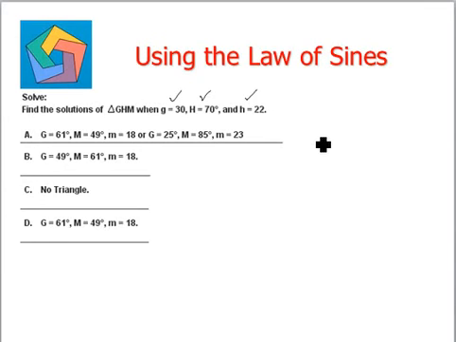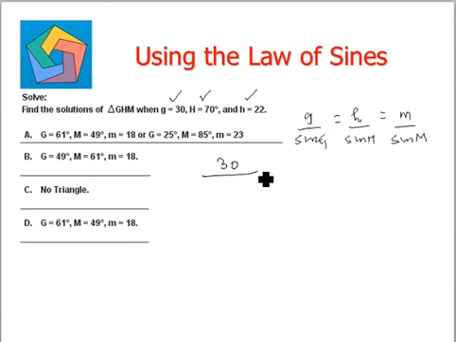So we'll put it down in the ratio: g over sine of angle G equals h over sine of angle H equals m over sine of angle M. So g is 30, we'll put it over here. Sine of G we don't know, equals h is 22 over sine of 70 degrees equals m over sine M.